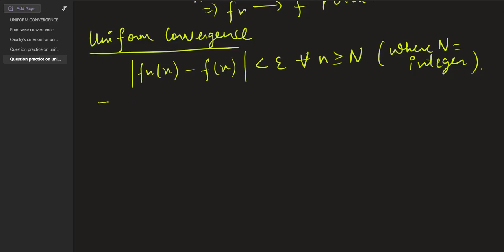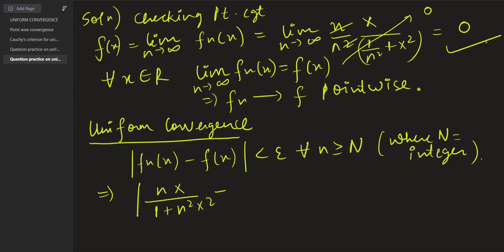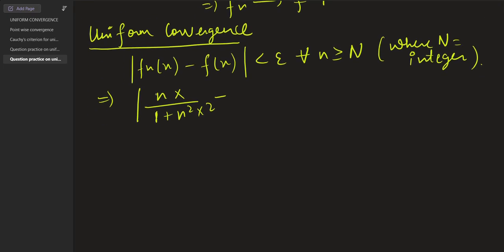So here in your question Fn x is nx upon 1 plus n square x square, and your f of x, the pointwise limit, comes out to be 0.